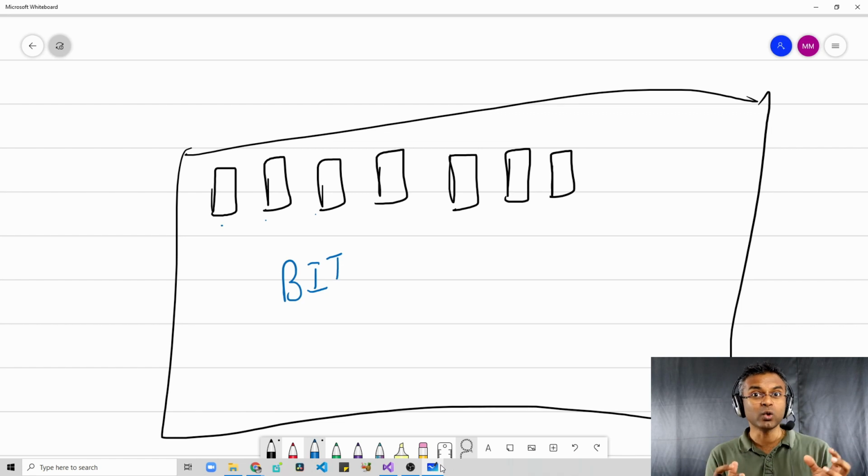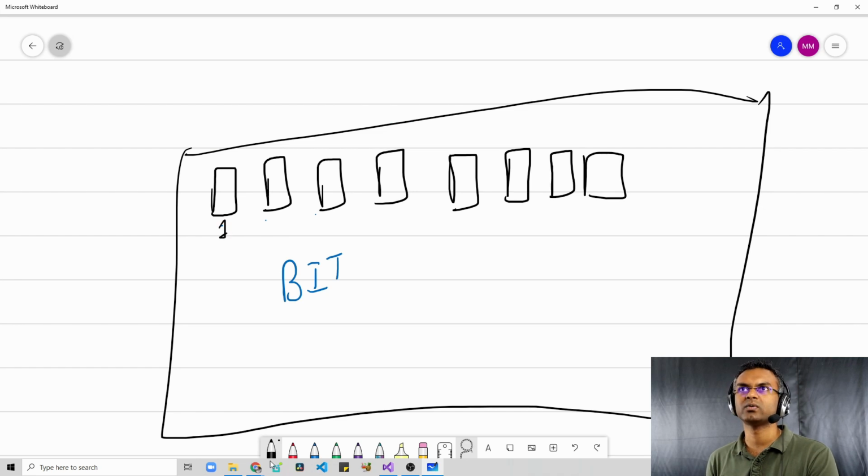Now, even though a bit is the smallest piece of data that could be stored inside of a computer, it is not the smallest piece of data that could be stored or retrieved by human beings. All right. So the computer, yes, it stores data by means of using these bits. But for us to store and access data, we use a slightly bigger unit, which is basically 8 switches together.